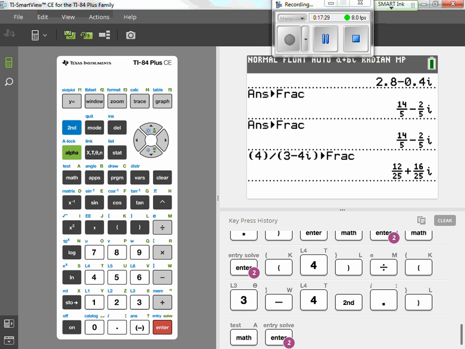Any questions on this page here, F through M? We good on F through M? Next page is more of the division.